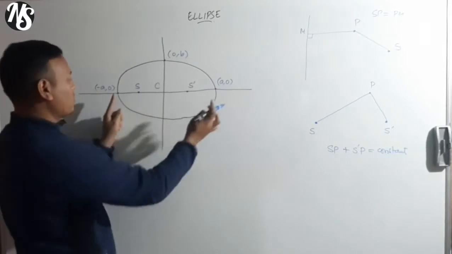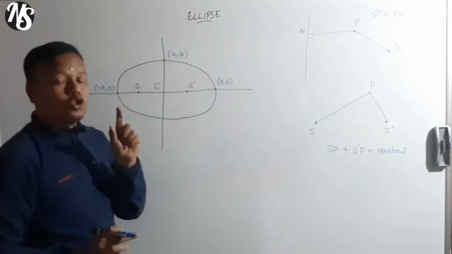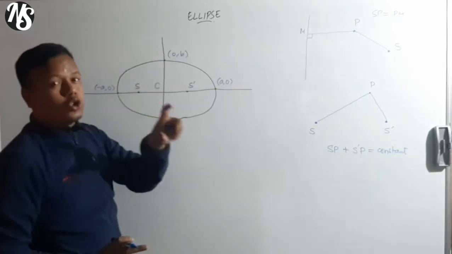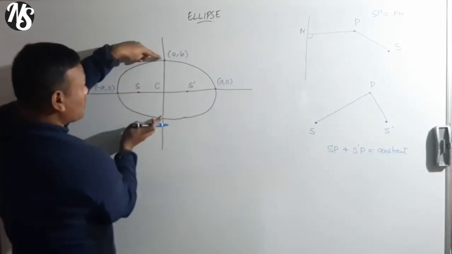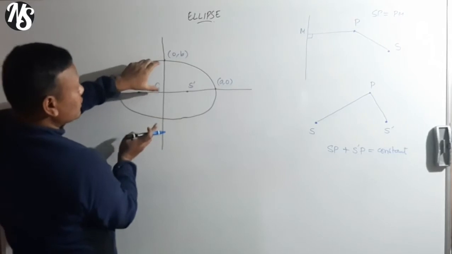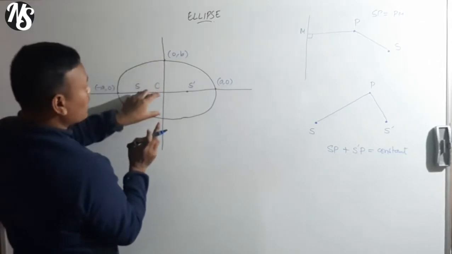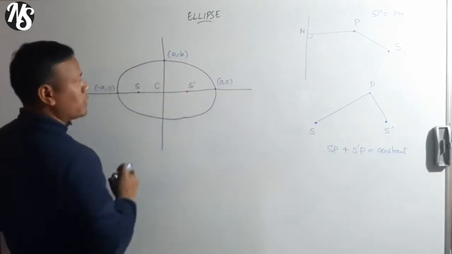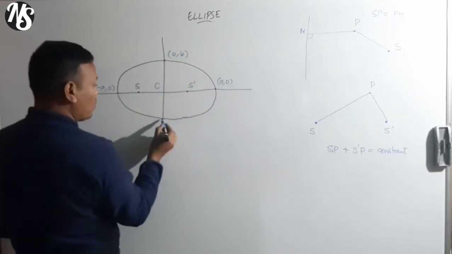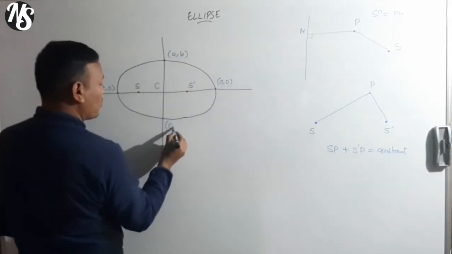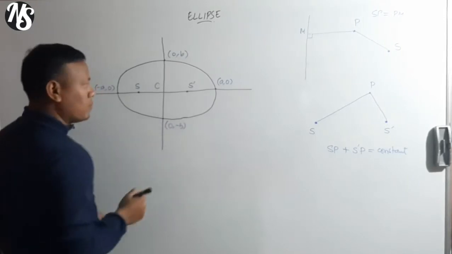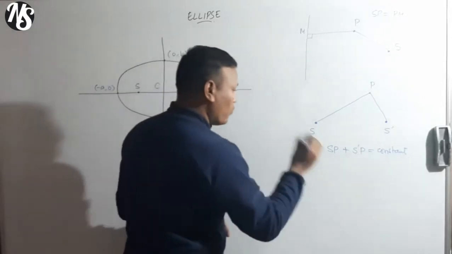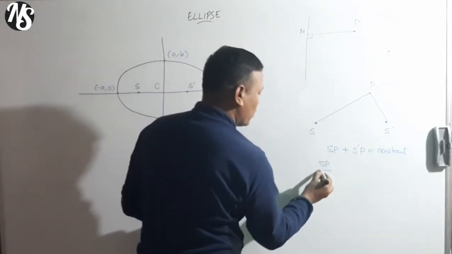The length of the major axis is always 2a, and the length of the minor axis is always 2b. If this distance is 2b, then this has to be b and similarly this also has to be b. So the coordinate of this point becomes 0 comma b, and of this point 0 comma minus b.